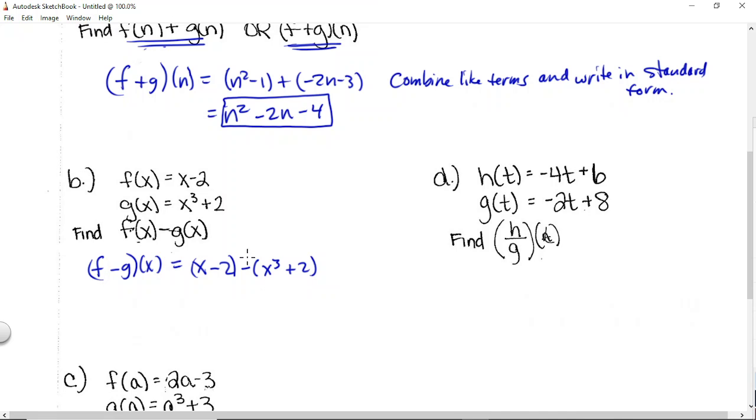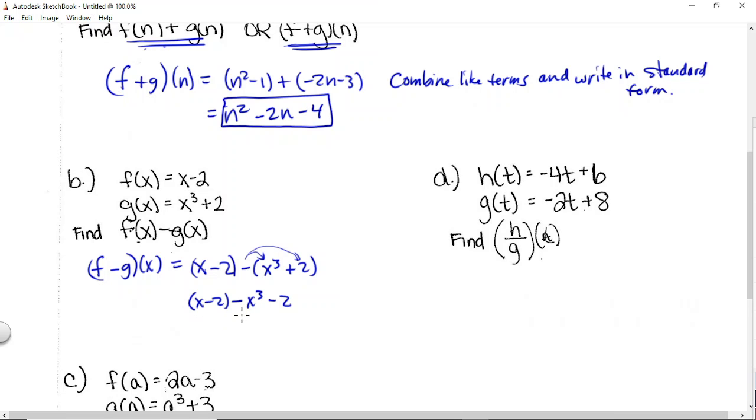So to subtract, you distribute the negative to each of those, and we can rewrite it, distributing that negative. We have minus x cubed and minus 2. Just combine like terms now, and we'll write them in standard form.